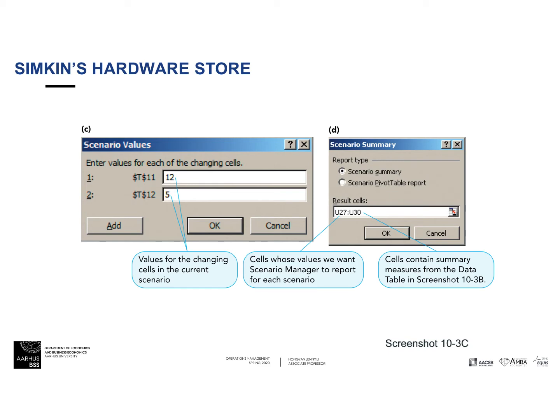And then the next step, you choose the report type. So you can decide to report a summary or report to a pivot table. So normally we just choose the scenario summary, and for the result cells you can choose where you want to put them.